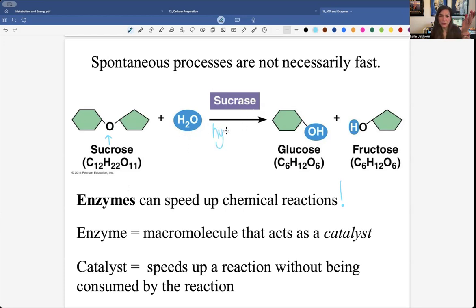So let's put here the word hydrolysis, meaning we're splitting up this water molecule and we're using the atoms inside of that molecule to basically plug in those holes.